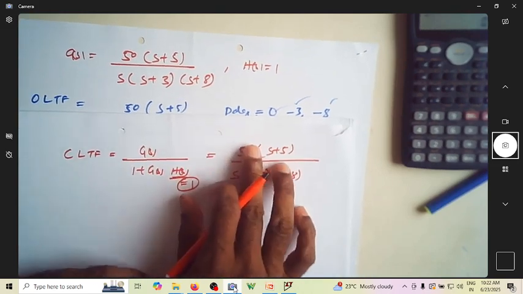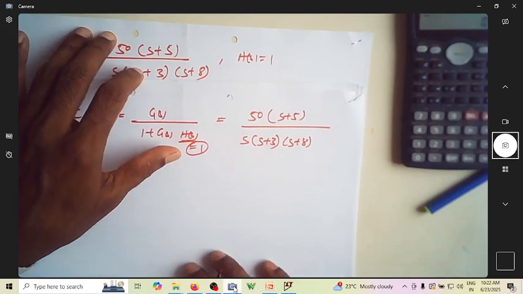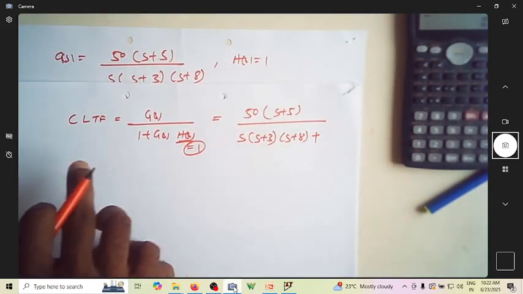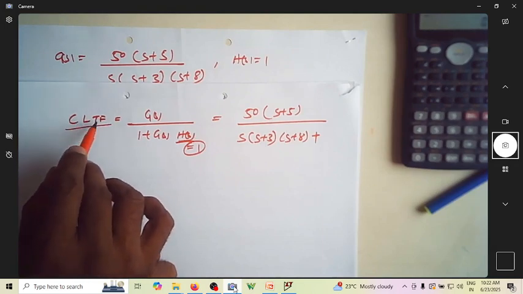So this is a part of your transfer function. Then what you have to add? What should be added here? So I'm trying to write the closed loop transfer function.